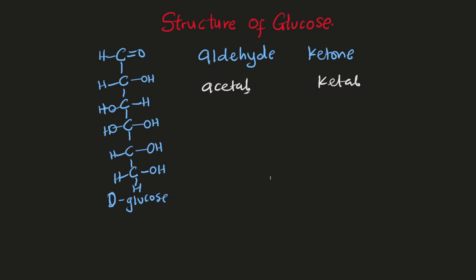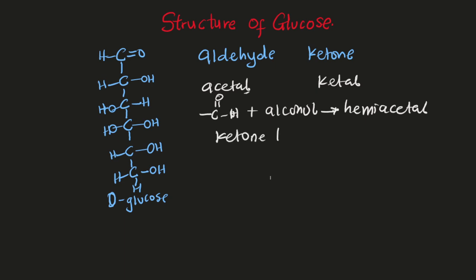Now, whenever an aldehyde functional group, which is C double bond O, then we have OH here, right? Whenever it reacts with alcohol, then we are going to be having the formation of hemiacetal. That is, whenever we have aldehyde reacting with alcohol, we have hemiacetal. Then whenever we have ketone reacting with alcohol, we call this hemiketal.